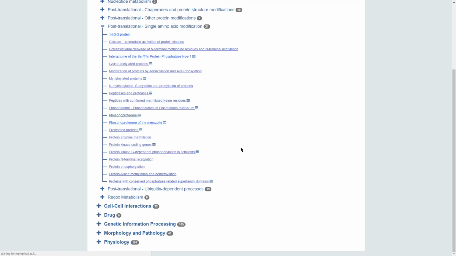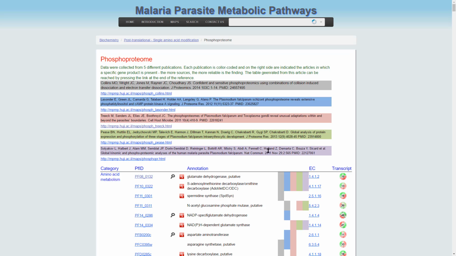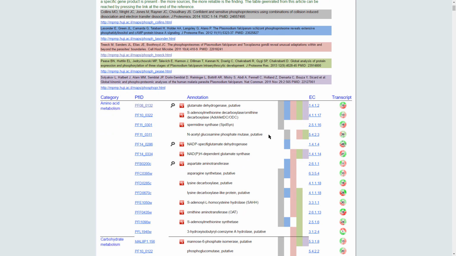which compiles all the proteins which have been identified. This is the table, which is compiled from 5 independent investigations, here color-coded. And in the table itself, we can see that each of the proteins is labeled with the colors of the different investigation in which it has been identified.